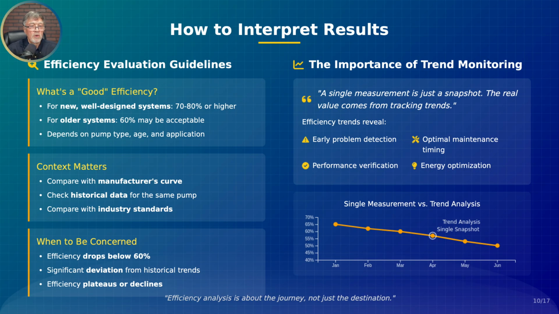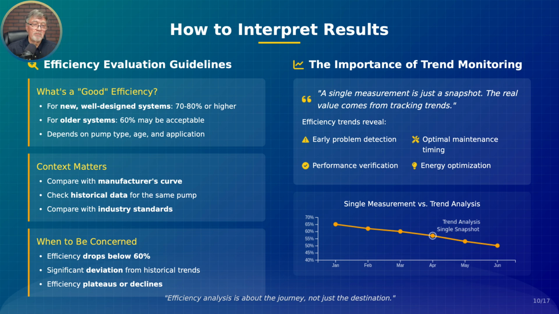All right, so how to interpret the results. What's a good efficiency? For new, well-designed systems, we're looking around 70 to 80%, maybe higher. But once again, since these are a product, you're not going to get too much above that. For older systems, you're probably looking at 60% as maybe acceptable.